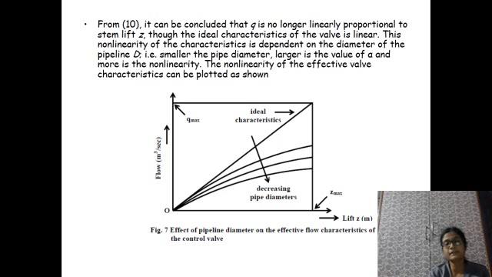With decreasing pipe diameter, it will be more, and the response will look like this.